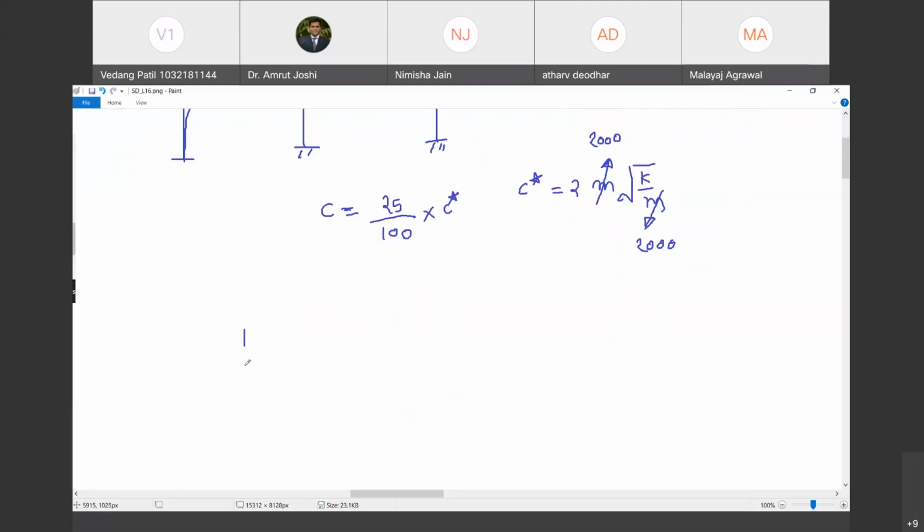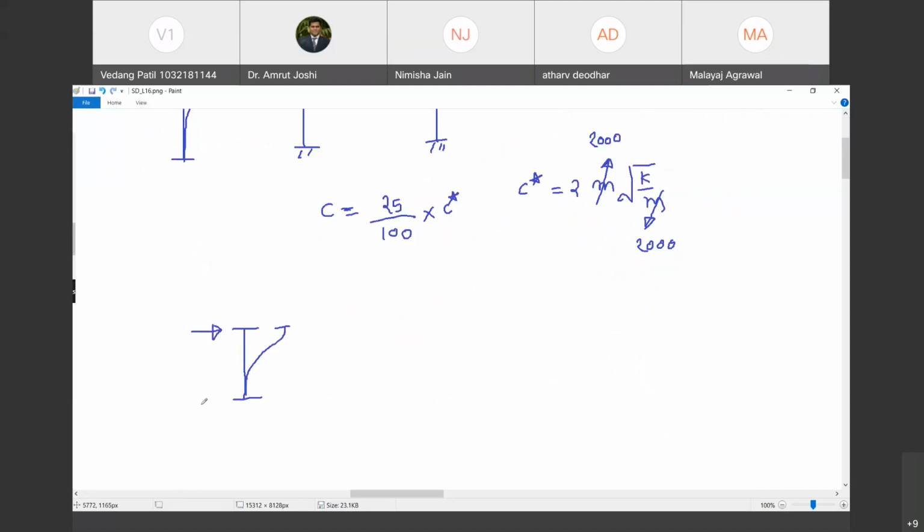Okay, so this is our structural mechanics. I explained this in a class earlier. See, to move this column towards right, you are going to require a force which is to be applied towards right. Do you agree with me? Yes, sir.